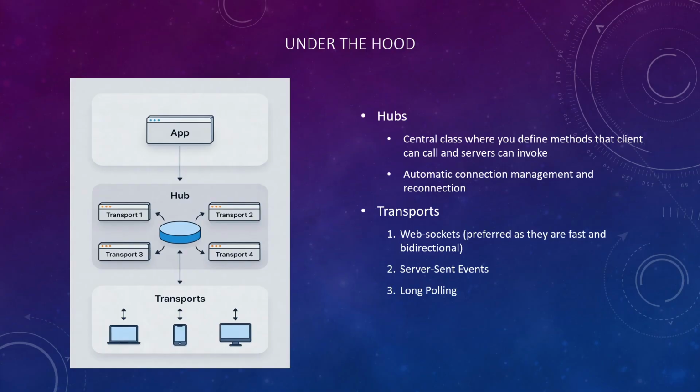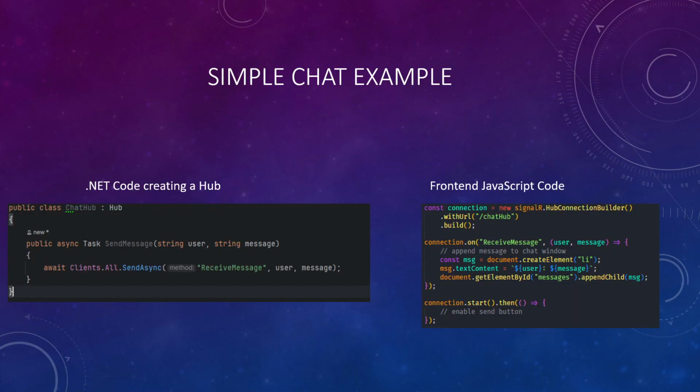That way, you can be guaranteed that your types are going to match and work exactly how you expect them to. Now, I want to just take a look at a classic example here of a simple chat room. On the left, what you can see is the .NET code that's creating a hub on your server.